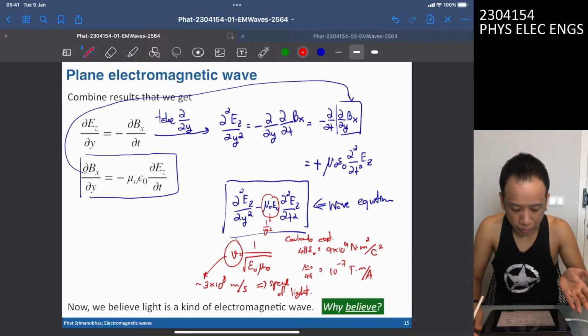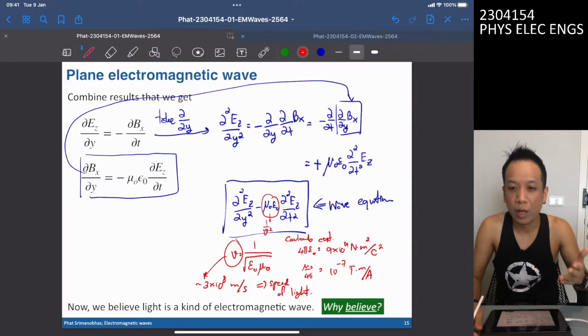Okay, so that is what we know. We cannot really conclude now that it's light, because it's just something that travels at the speed of light, but it can be light or it can be something else also, right? This is the conclusion from that.